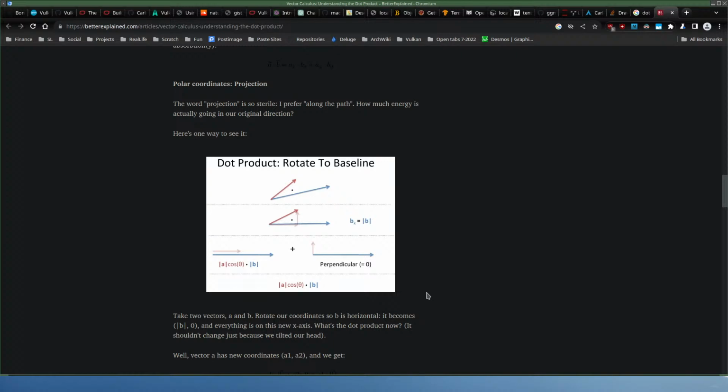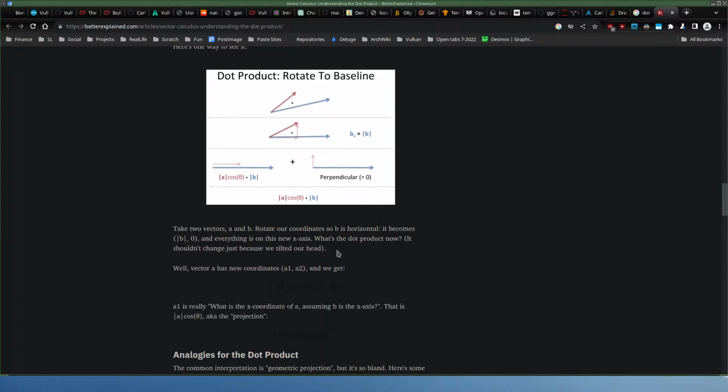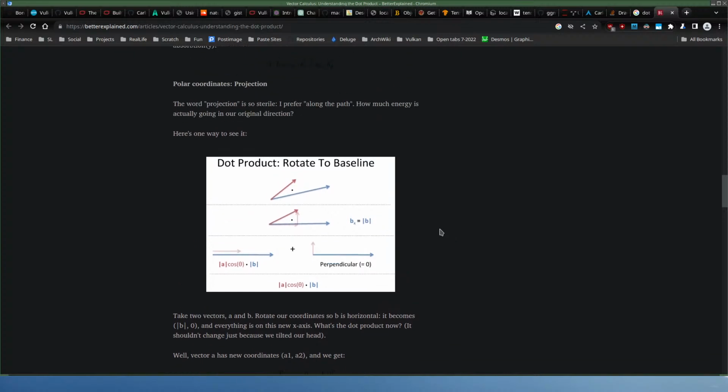That's also vague. I wouldn't really want to talk about it. I mean, it's true. If you want to say what the dot product means, you have two vectors, and the dot product is the projection of one on the other, and then the length thereof.